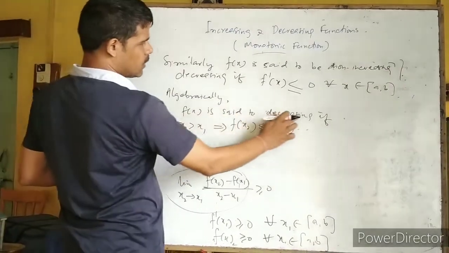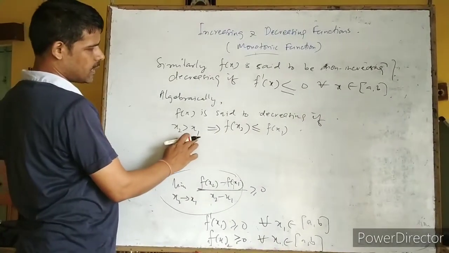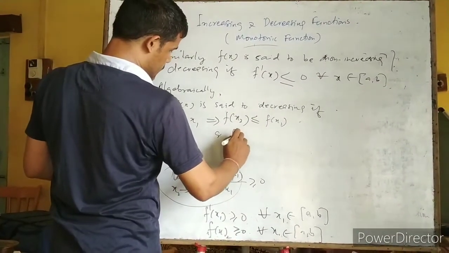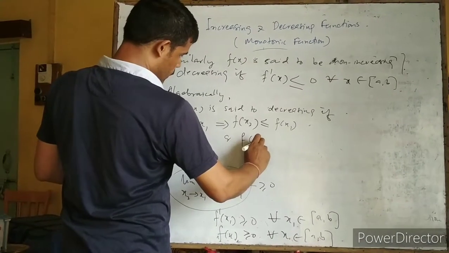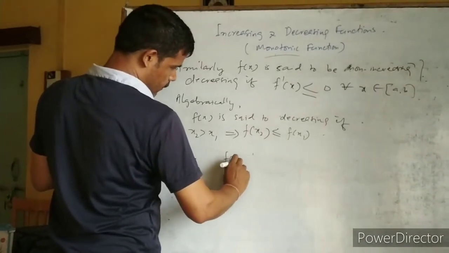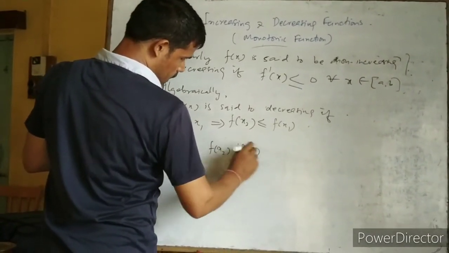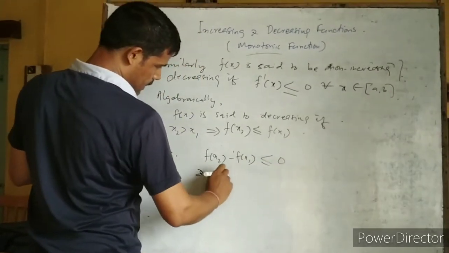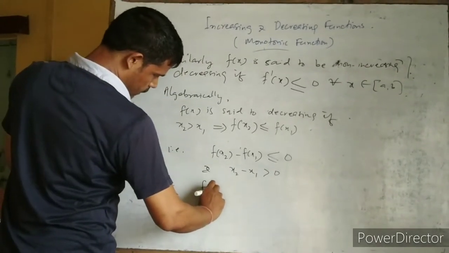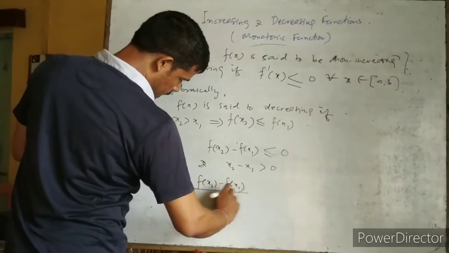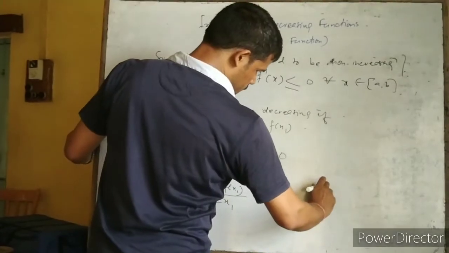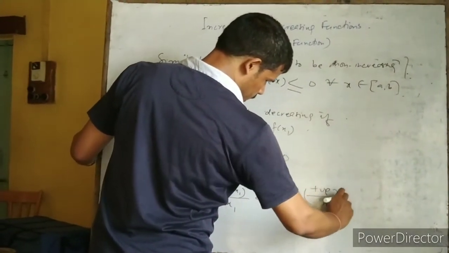Algebraically, f(x) is said to be decreasing if x2 greater than x1 implies f(x2) less than f(x1), or even we can write it like this. f(x2) minus f(x1) is becoming less than or equal to 0, and x2 minus x1 is greater than 0. So therefore (f(x2) minus f(x1)) by (x2 minus x1) is becoming less than or equal to 0. Why? Because this you get positive and this you get negative. So positive by negative is negative.